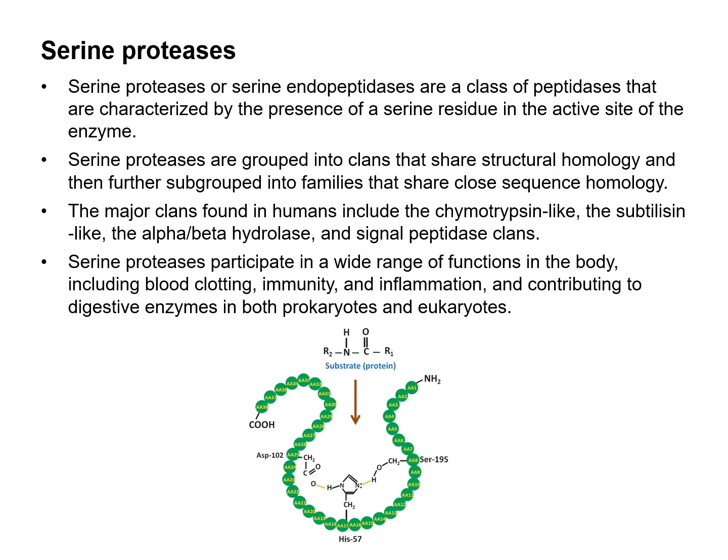The major clans found in humans include the chymotrypsin-like, subtilisin-like, alpha-beta hydrolase, and signal peptidase clans. Serine proteases participate in a wide range of functions in the body and are really critical in a lot of biological processes, including blood clotting, immunity, and inflammation, as well as contributing to the digestive enzymes in both prokaryotes and eukaryotes.